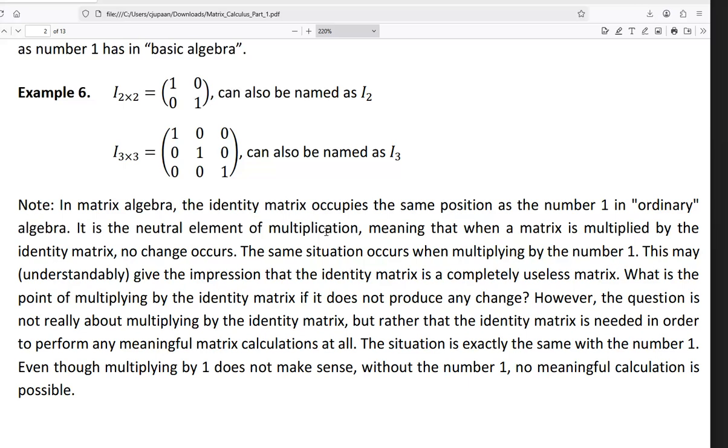Of course, you may also think why do we need a number 1 in basic algebra? Of course we need that, because we can't do anything if we don't have that unit, that number 1 in basic mathematics, because that is some kind of starting point.